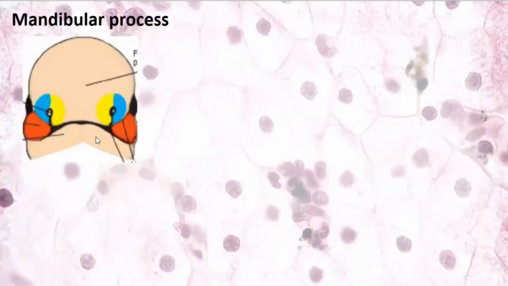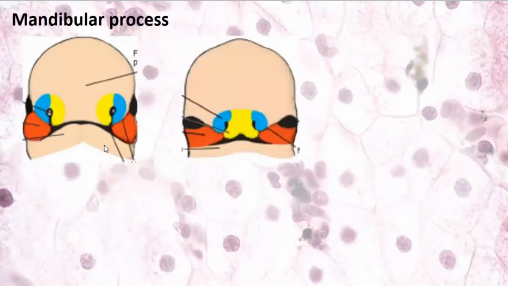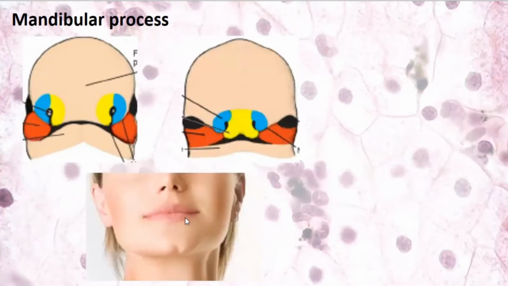Here we can see mandibular process. It's paired, and we have two processes from two sides, and they are fused here. It's place of their fusion, and they are attached to each other, and they form mandibula. And here we can see formed mandibula, and in some cases, this fusion is incomplete.